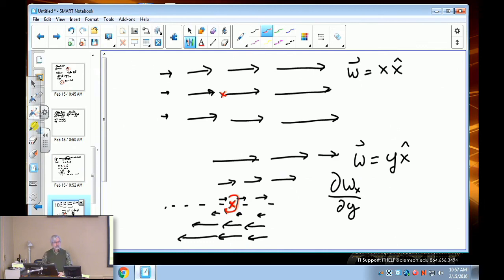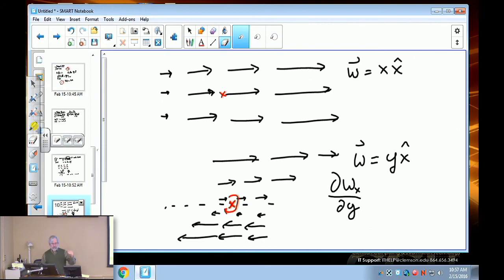Yes, sir? So the reason why we'd state that curl is negative is because of the way it rotates? Yeah, right. So if we take the curl of this, we actually get -1 here. What I wrote was not correct, but this would give a negative curl, because it's counterclockwise flow.